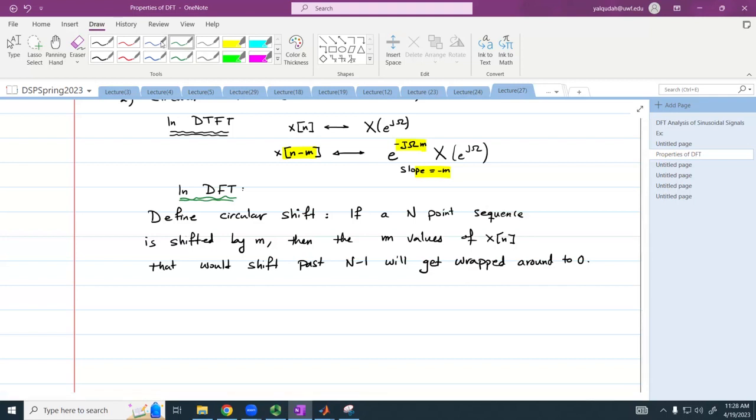The notation we use is x of n minus m, modulo capital N. What this means is you shift the signal by m, and any signal that is beyond n minus 1, you take it and bring it back, and it becomes indexed at n equal to 0. So let's see how this works.